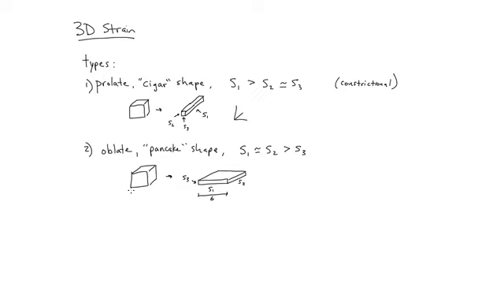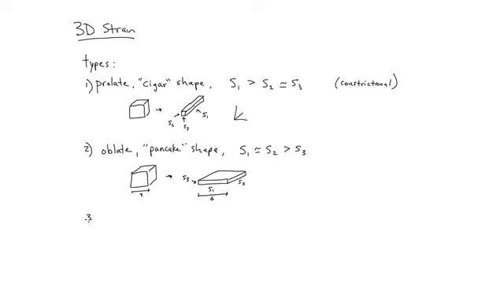Then we would compare it to the original length, which is maybe 3. The numerical value of S1 is length final over length initial. It's 6 over 3, which is 2. So the stretch value, the magnitude of S1, is 2. And S2 is similar to that. S3 would be a number less than 1.